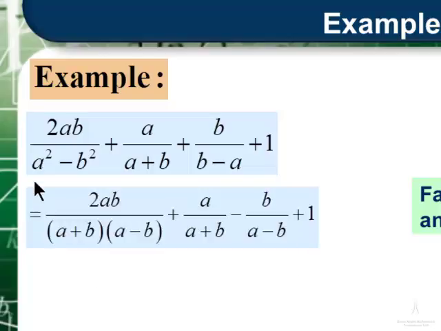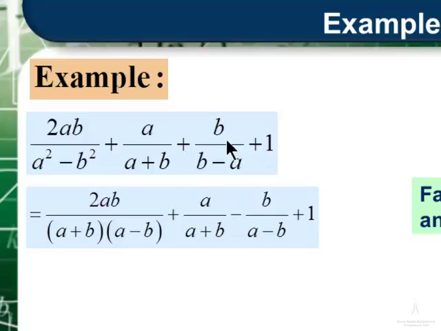So the first step is to factorize the first denominator. We have the difference between two squares, and this factorization should be familiar to you. And also note that we have changed the plus for the third term, plus 1, as the numerical coefficient of the third term, to a minus 1.